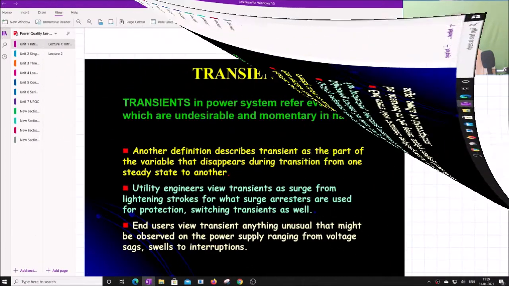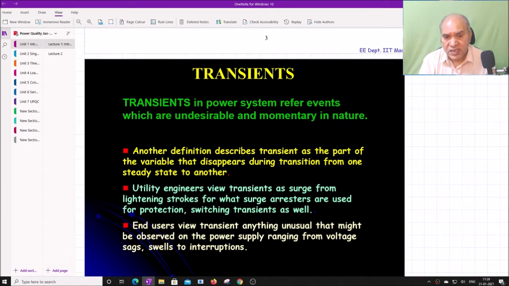It basically describes the part of the variable that disappears during the transition from one steady state to another state. Again, the meaning of transients varies in the context of the power system. For example, utility engineers view a transient as a surge from lightning strokes.